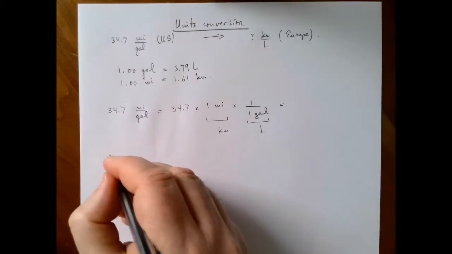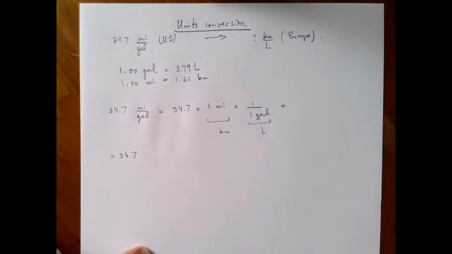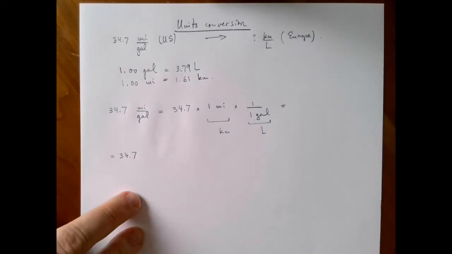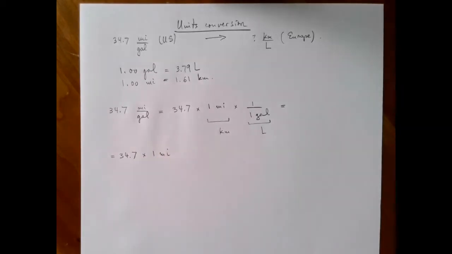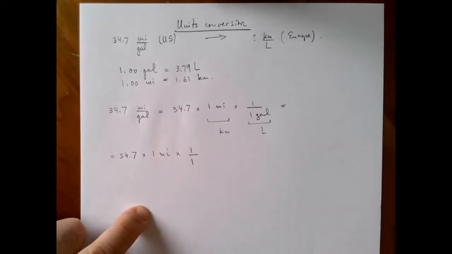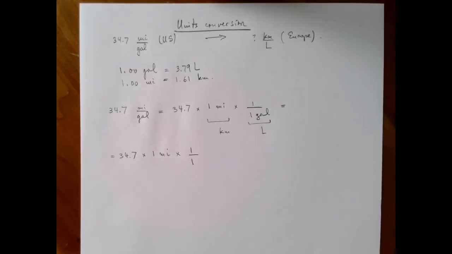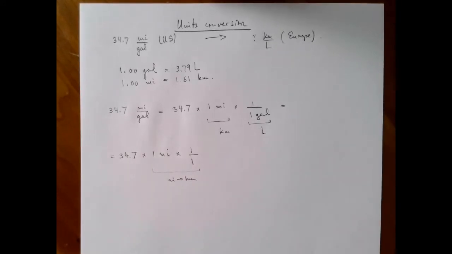So this becomes 34.7, which is untouchable. 1 mile so far is untouchable. I multiply and divide by 1. This is the mile to kilometer part of the discussion.